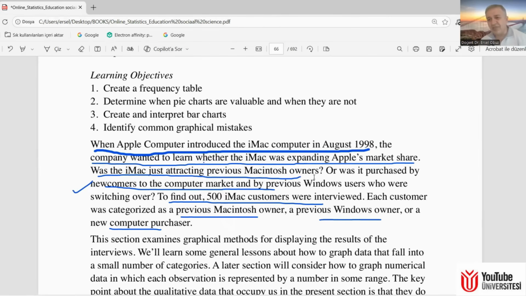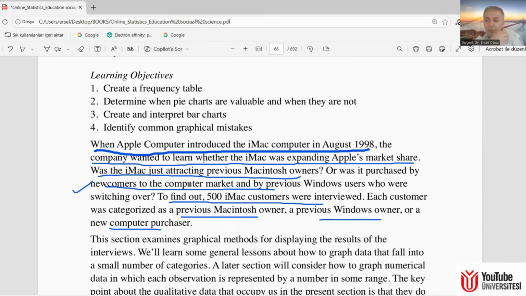The iMac is a special machine, so they just would like to know whether the Macintosh owners may prefer the iMac better than other computer users, or whether there are some new buyers who didn't own Apple before.